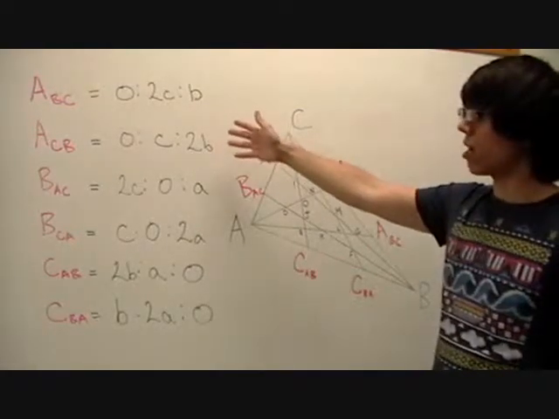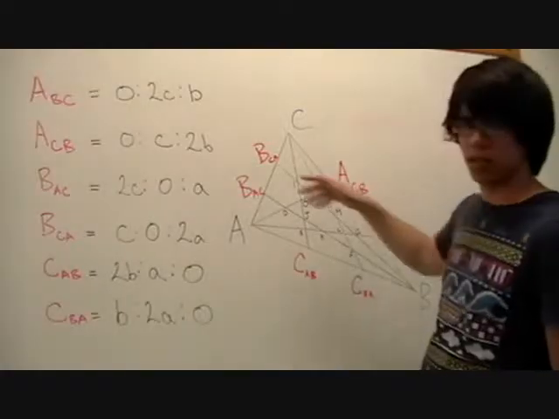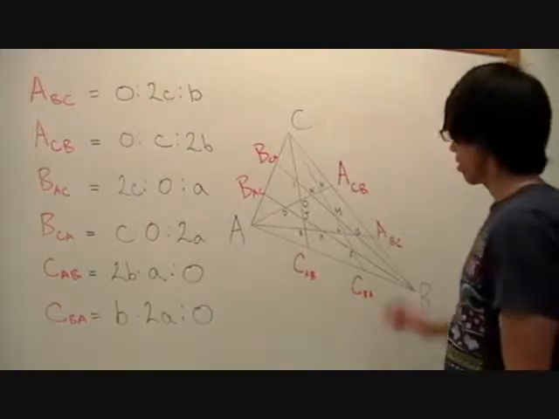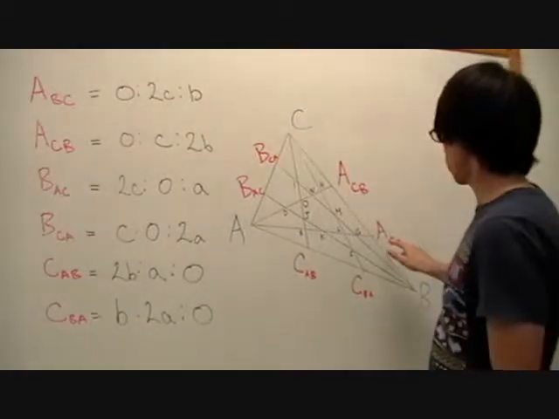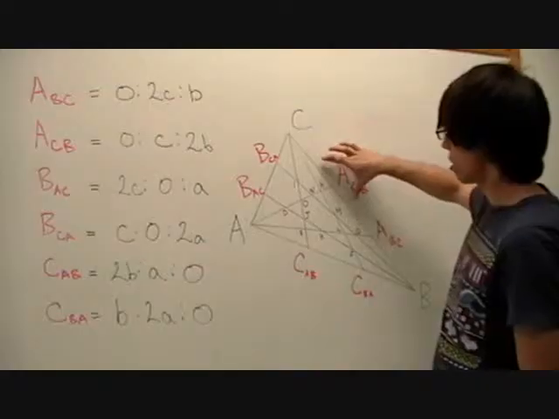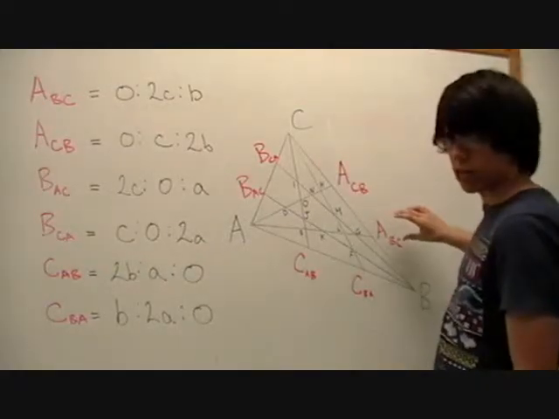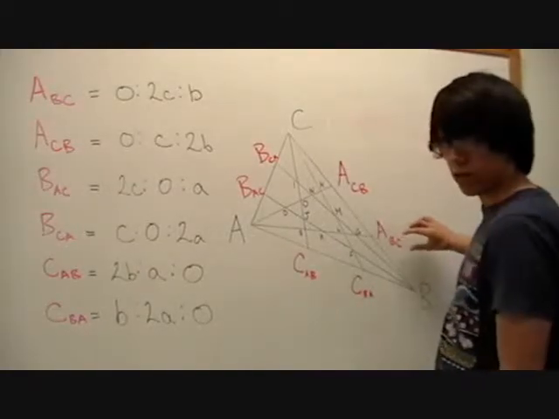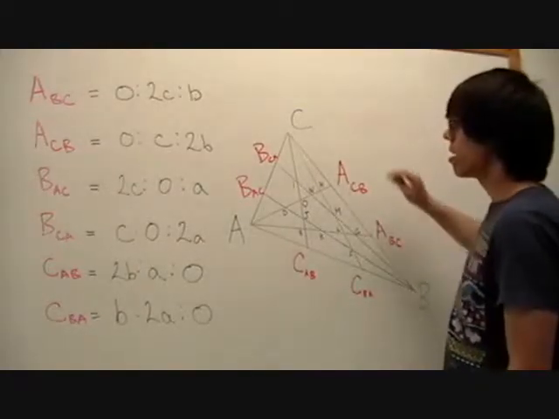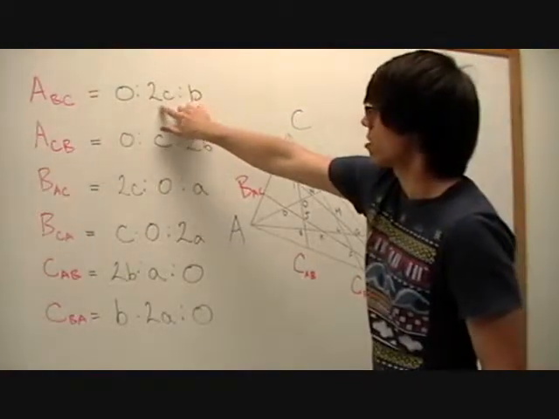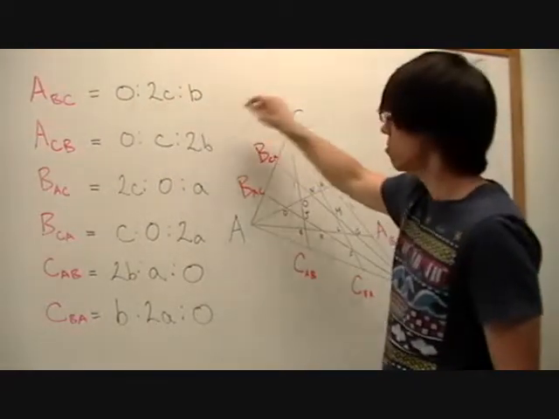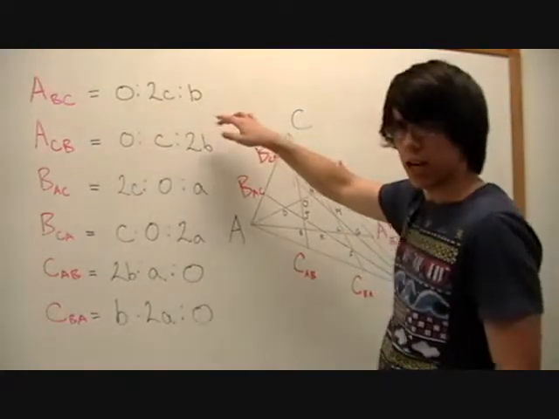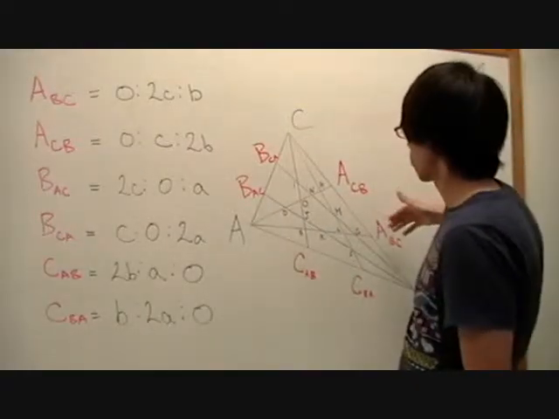And over here, we have the points of the trisections labeled in the trilinear coordinates. Now, as we see, point ABC, which is this point here, is clearly 2/3 of the way along the line segment CB from vertex C, and 1/3 of the way along the line segment from vertex B. And that corresponds to here, it's a 2:1 ratio, 2C, 1B, and 0 does not come into the picture for this coordinate point.